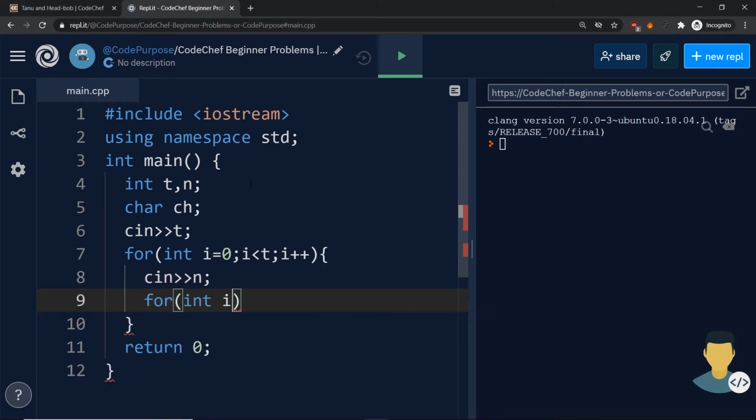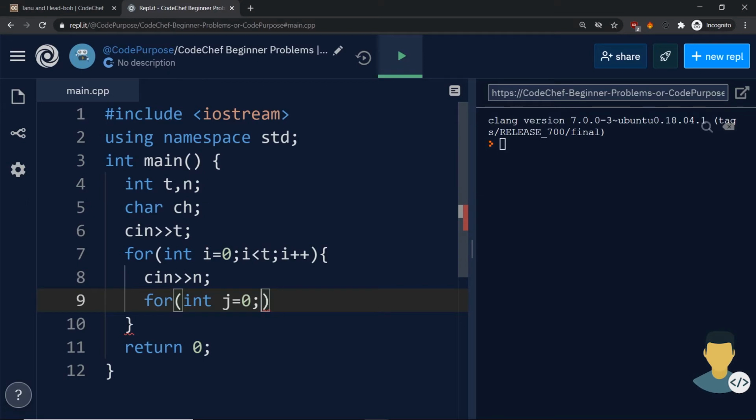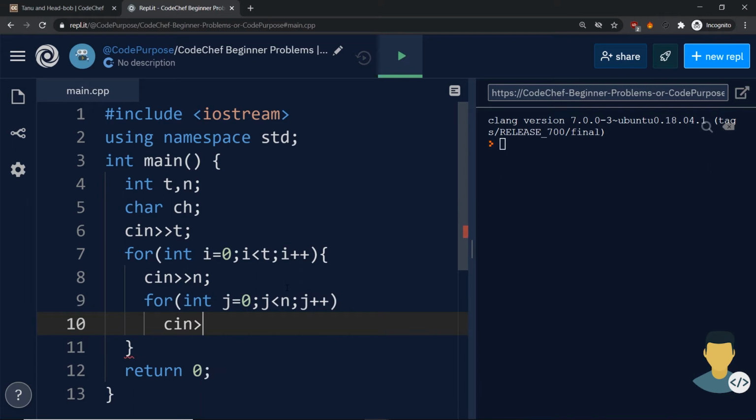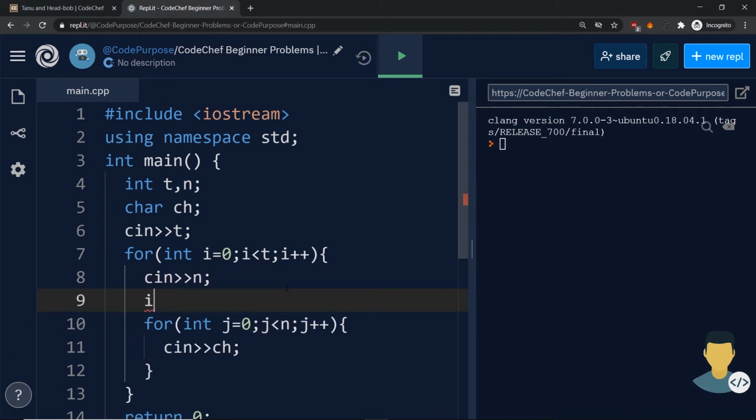Then I'm going to make another for loop which reads all the characters, from 0 to n, and inside of this I'm going to read a character each time. I'm going to have three variables: Y equal to 0 at the beginning, I equal to 0 also, and N equal to 0 also.